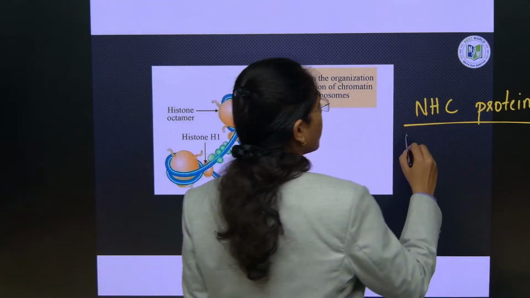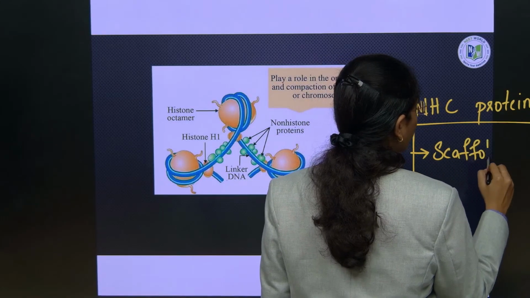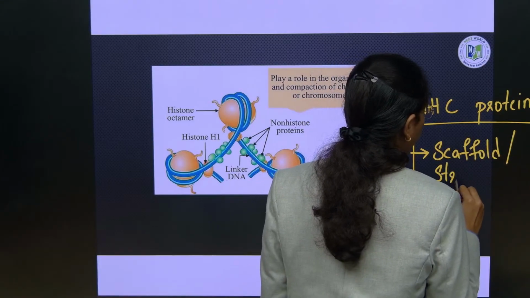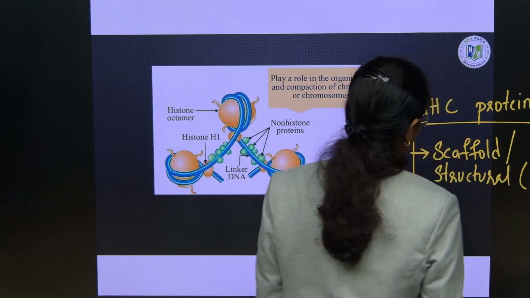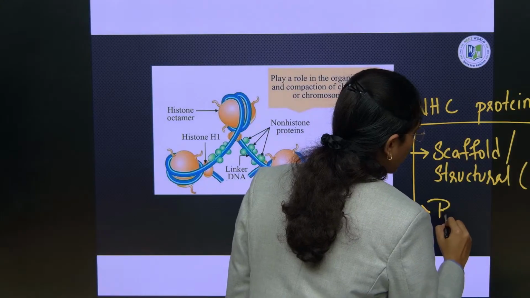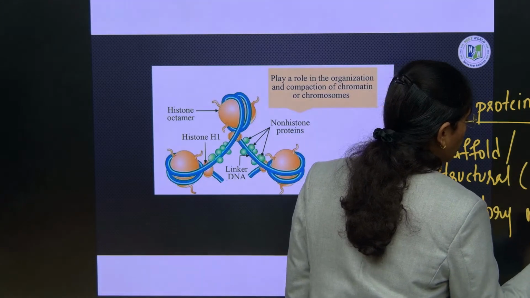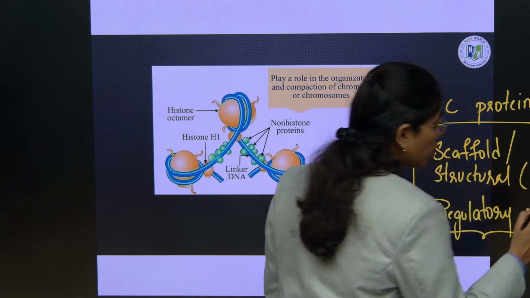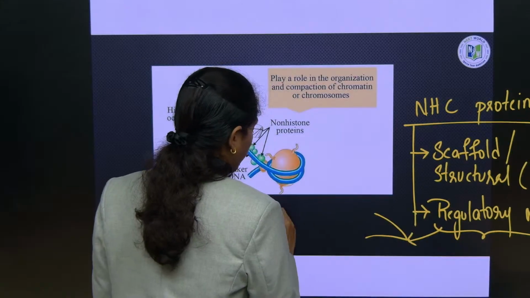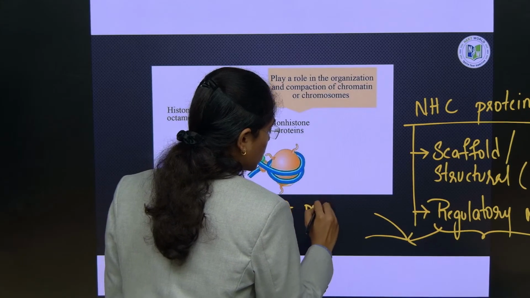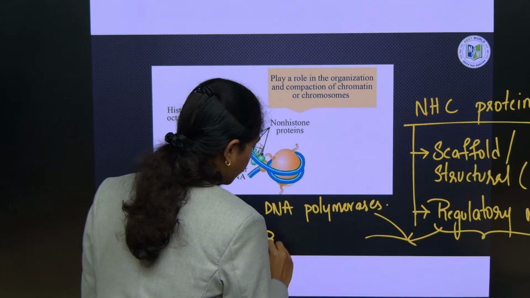Non-histone chromosomal proteins can be scaffold or structural proteins, or they can be regulatory non-histone chromosomal proteins. Regulatory non-histone chromosomal proteins include enzymes like DNA polymerases and RNA polymerases.